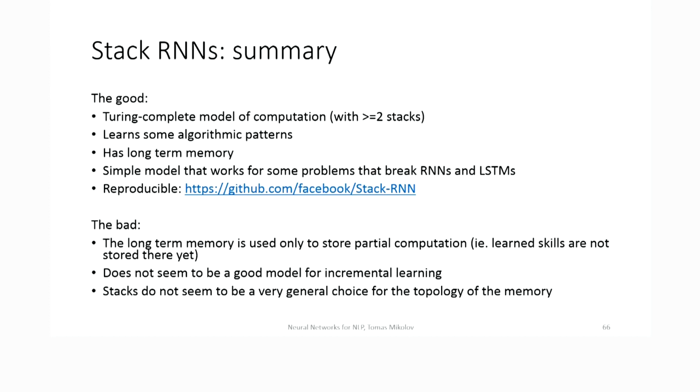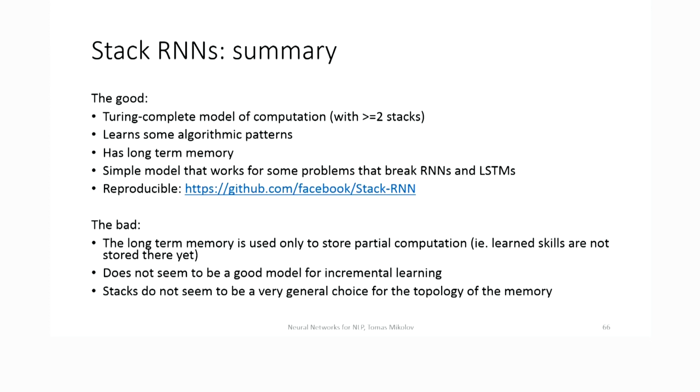It has some simple type of long-term memory because it can grow the memory and it does not really forget the information there. And it can learn some patterns that the LSTMs and RNNs wouldn't learn. If you want to, for example, remember the name of a person, then this model in theory could do it because it can just put this name on the stack that has variable capacity. And we did also publish the code.